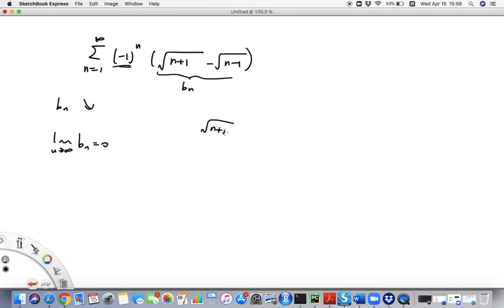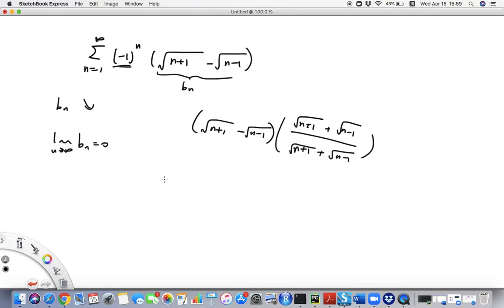This is the trick you've seen many times. We can multiply by its conjugate. So that's (square root of n plus 1 plus square root of n minus 1) over (square root of n plus 1 plus square root of n minus 1).